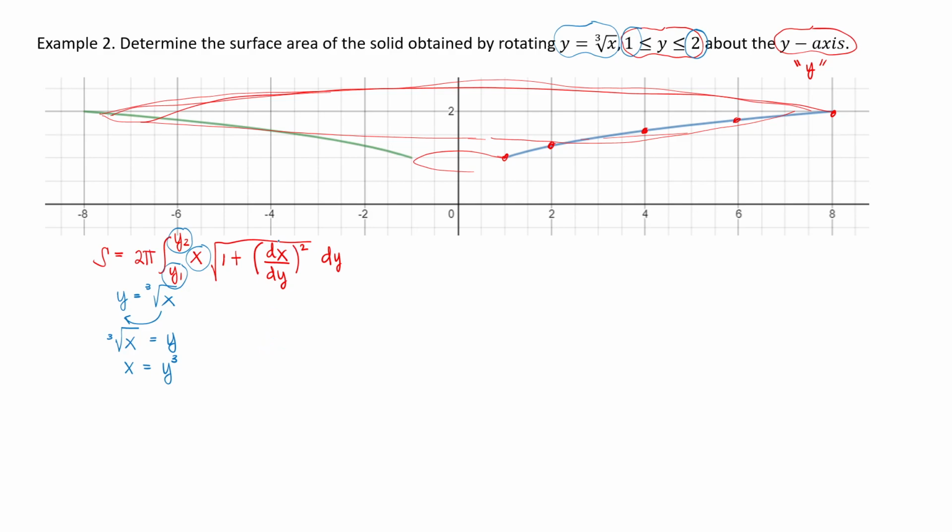Lastly, we need to determine dx over dy squared. This becomes the derivative of x with respect to y, which is 3y squared. Getting the square, dx over dy squared: the square of 3 is 9, and the square of y squared is y to the power of 4.